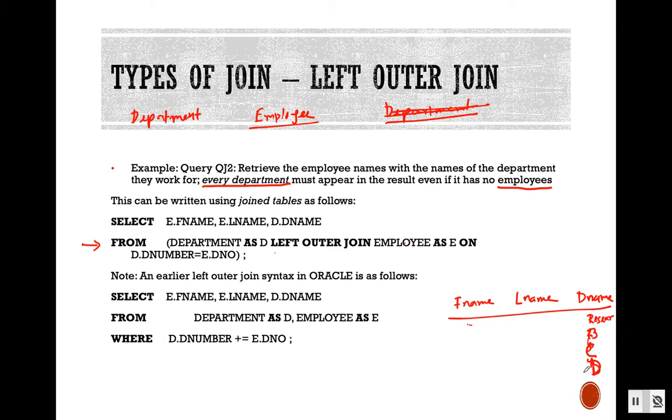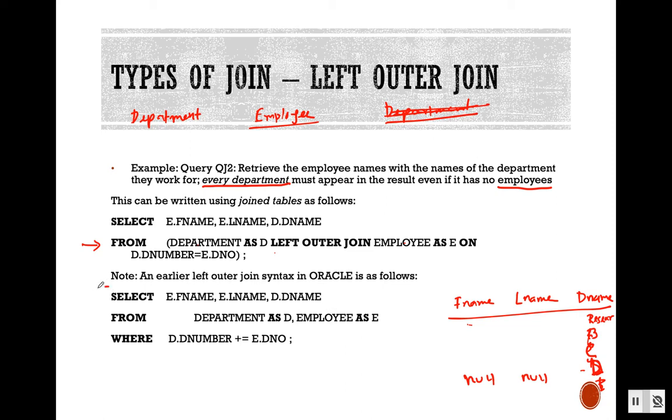Let's say some department, D, doesn't have any employee. In that case the values for F name and L name will be null, but all the D names will be in the result.